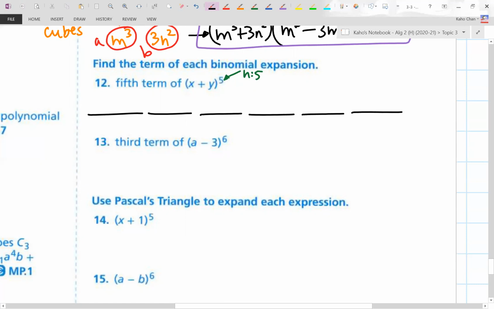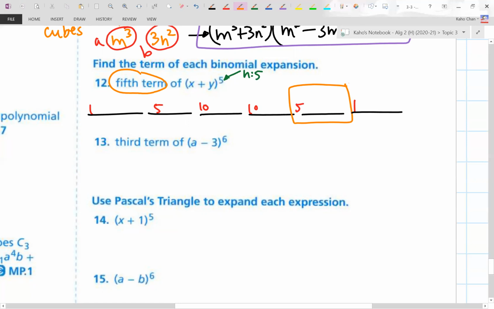Now in trigonometry next year, you'll learn how to do this with combinatorics. But right now, in this particular case, it's easier just to pretend we're doing the whole thing with Pascal's triangle. With Pascal's triangle with 6 spots using the n equals 5 row, it is 1, 5, 10, 10, 5, 1. We're looking for the 5th term. 1, 2, 3, 4, 5. We want this box right there.